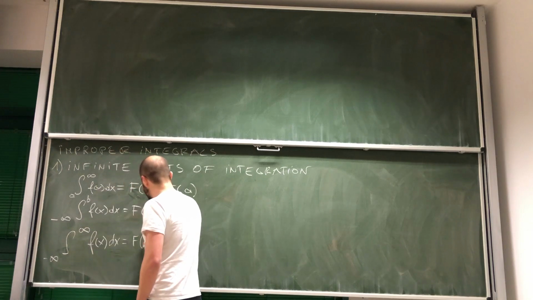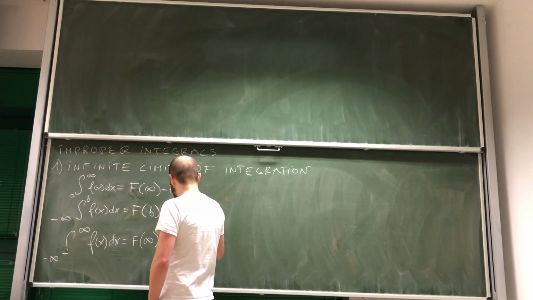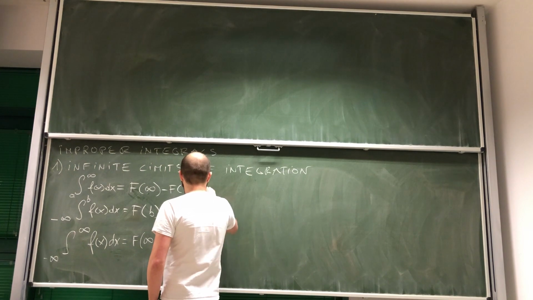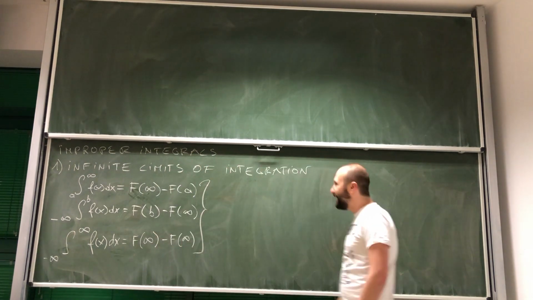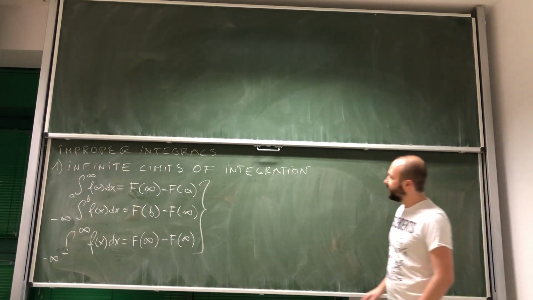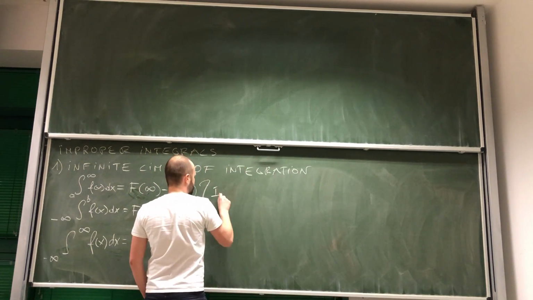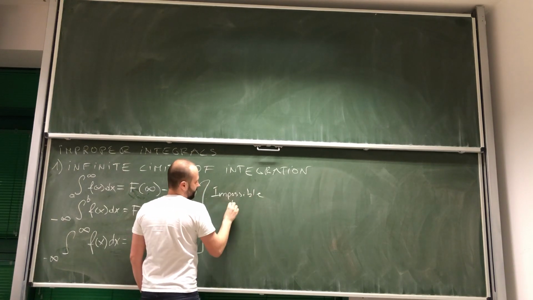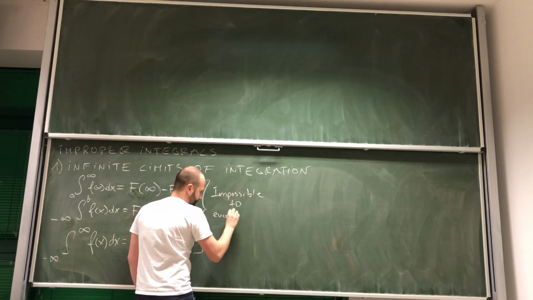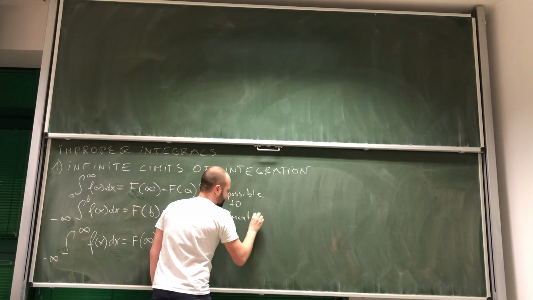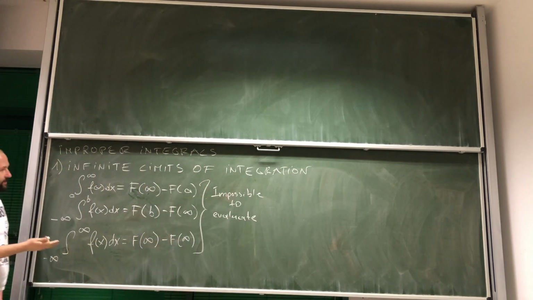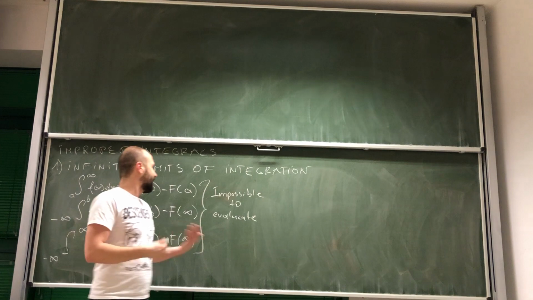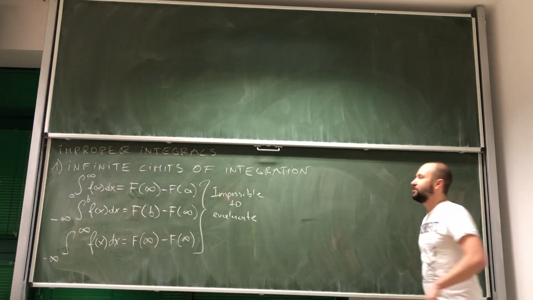And then we have f of infinity minus f of infinity. And look, all these three cases are simply impossible to evaluate. We just cannot calculate the exact values of these expressions. Well, we can do it using the techniques we've been using thus far.